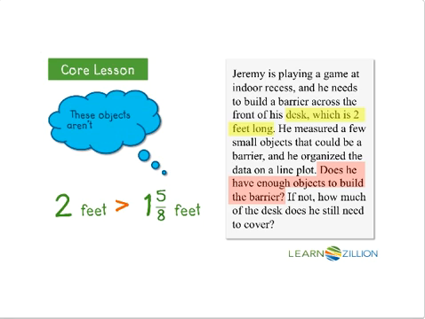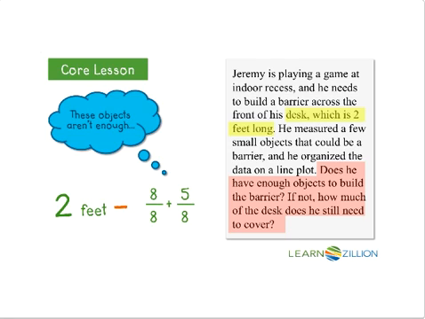We are going to have to subtract in this problem because we need to know how much of the desk is left for Jeremy to barricade. In order to subtract, we need to convert our whole number and mixed number to fractions with like denominators. For 1 5/8 feet, the 1 foot equals 8/8 feet as well.